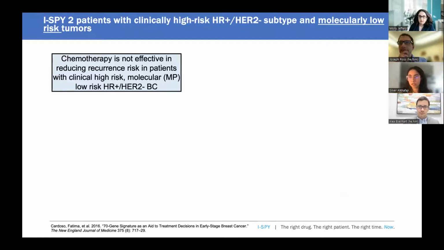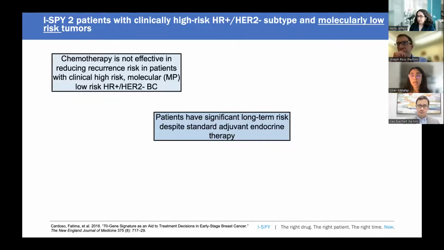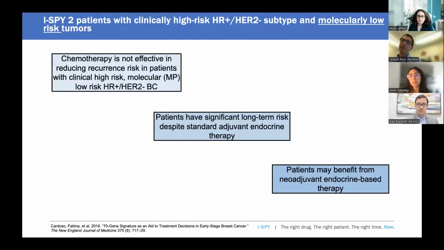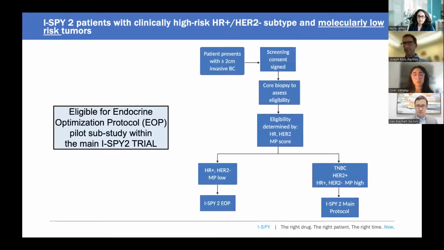It's been seen in multiple trials, actually. And they still have significant long-term risk of recurrence despite using adjuvant, so post-surgery, therapy. Now, the question is, maybe they can benefit from neoadjuvant therapy, so given before surgery. And that's where the I-SPY 2 sub-study comes into play.